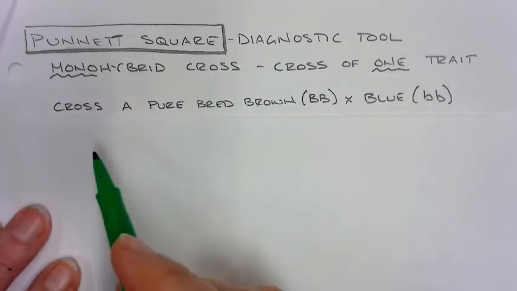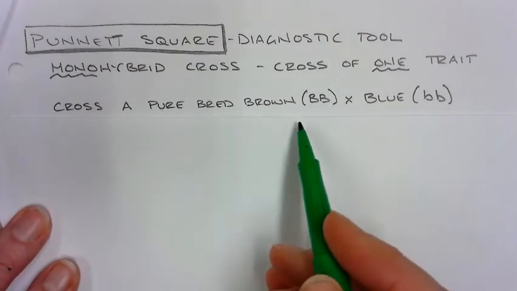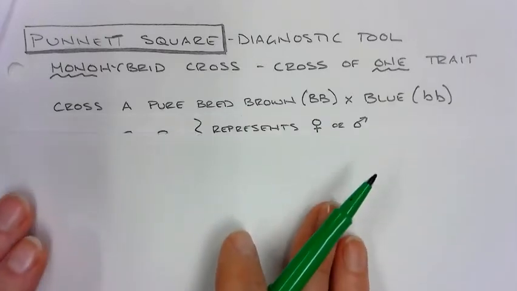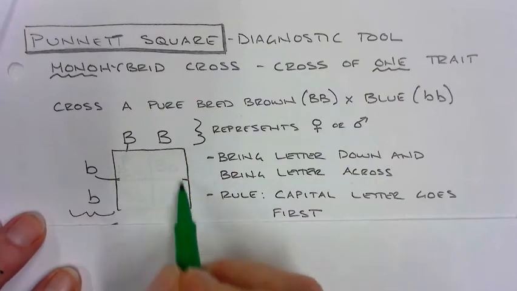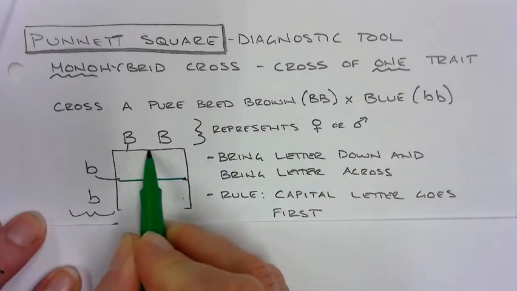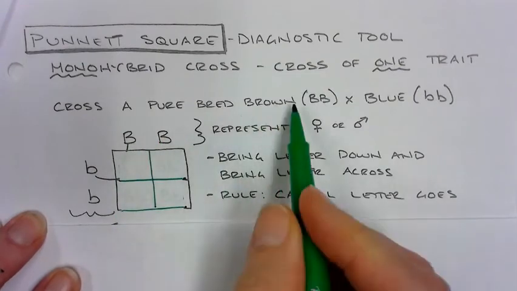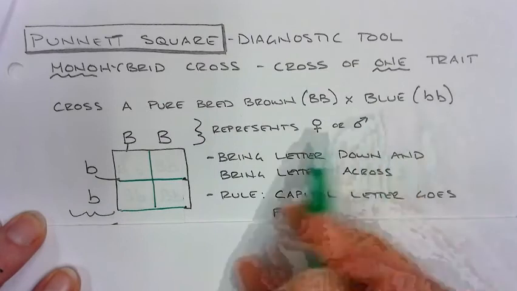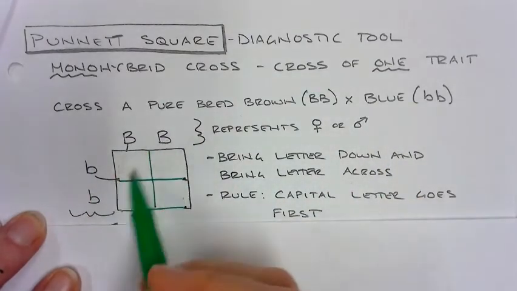So we're going to be looking at an organism that has purebred brown eyes, for example, with an organism that has purebred blue eyes. So a Punnett square is basically a square that's set up like this. We have one parent, our purebred brown, goes on the top, and our other parent's alleles go on the side. And it doesn't matter where they go.